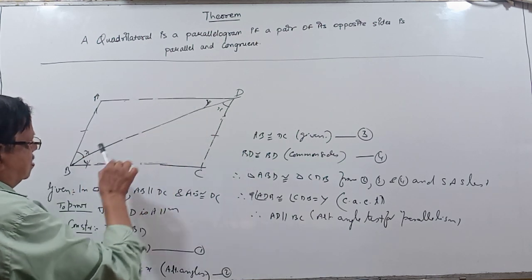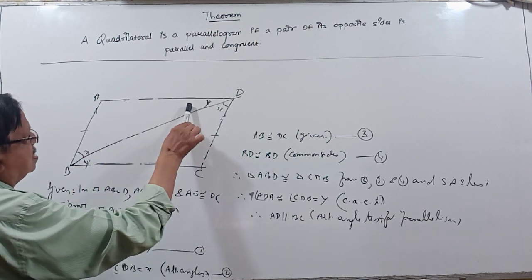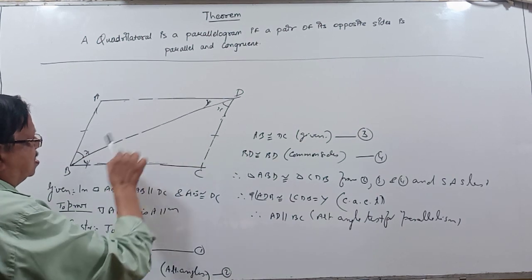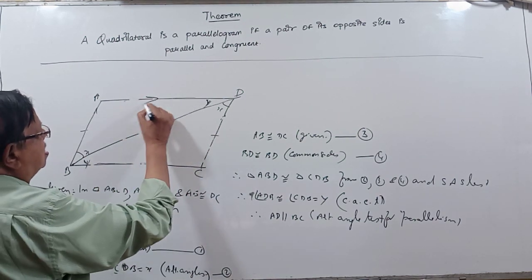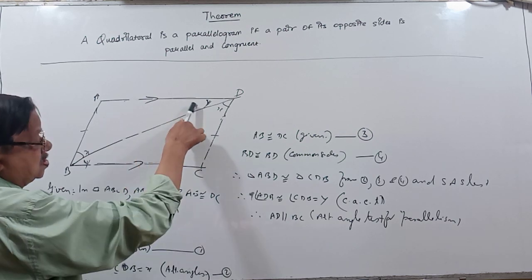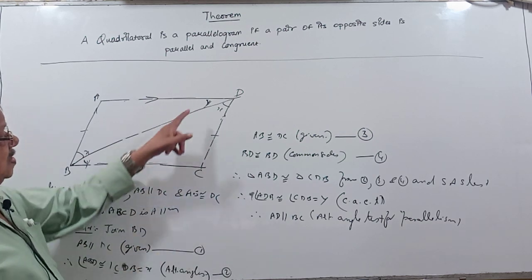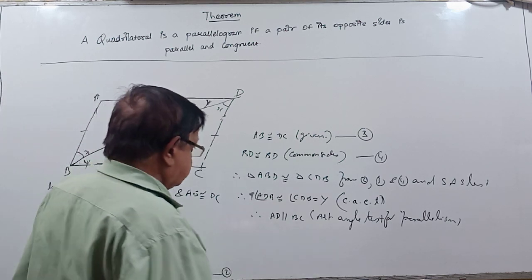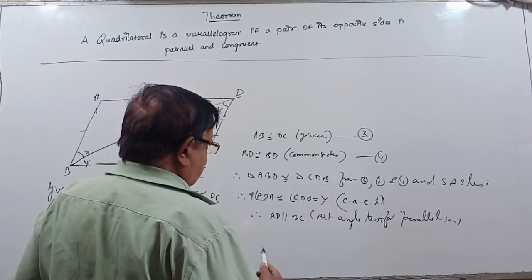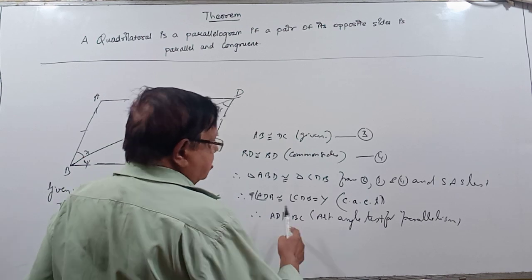This angle congruent to this angle we have proved. They are corresponding angles of congruent triangles. This angle congruent to this angle means this line is parallel to this line. Test for parallel lines: if alternate angles are congruent, then the lines are parallel. So we have proved that AD parallel to BC.